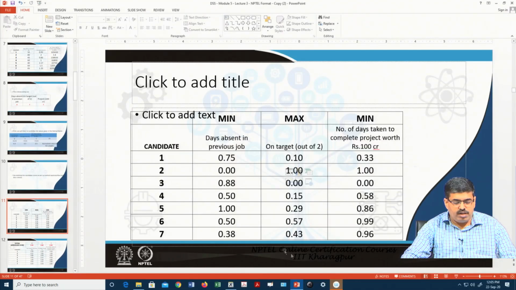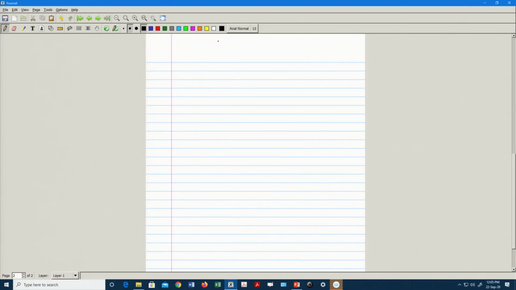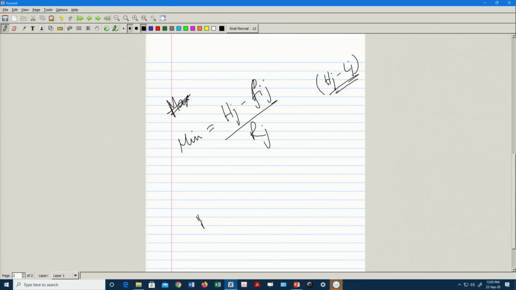You remember the normalization formula we had given. Let us do the min formula first. Min formula: Hj minus Fij by Rj, where Rj is the range, high minus low.